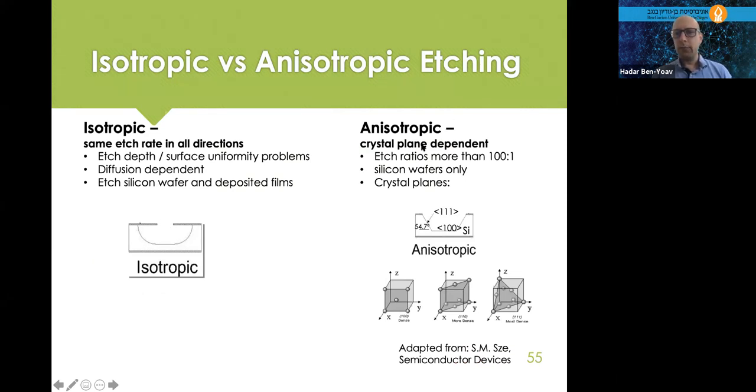Anisotropic is when the rate is different, when we have a faster rate horizontally than vertically, for example. And usually it depends on the technique that we use. For anisotropic, for silicon wafers, it also depends on the crystalline plane of the silicon, if it's 111 or 100 and so forth.